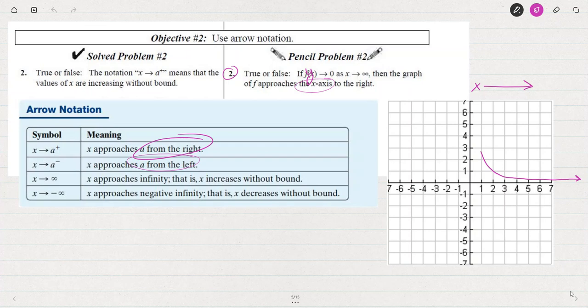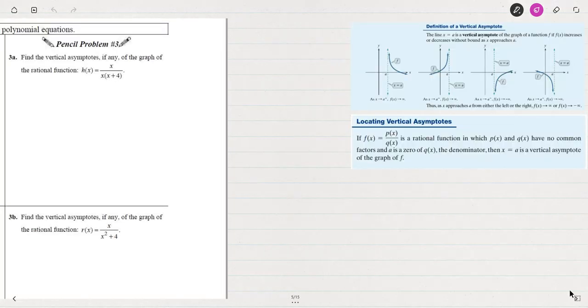Let's look at another example. If we wanted to find vertical asymptotes. Vertical asymptotes occur when the denominator of a rational function equals 0. Now, one caveat here is that we do have to reduce it first.